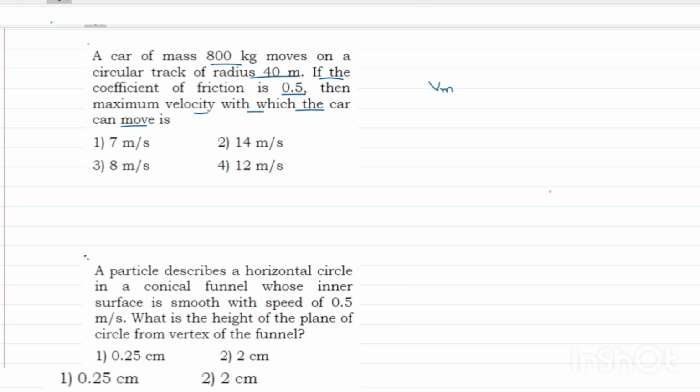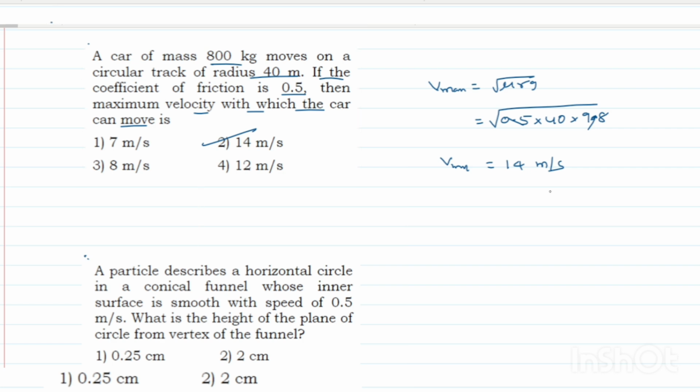Here also the maximum speed formula is the square root of mu r g. Mu is 0.5, radius is 40, and g you can take as 9.8. Simplifying the decimals, 9.8 into 40 gives 98 into 4. So V maximum is 14 meter per second. This is the correct answer.